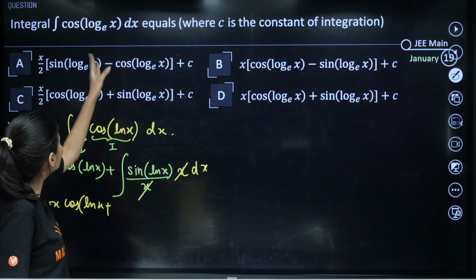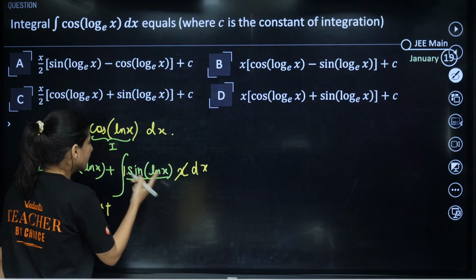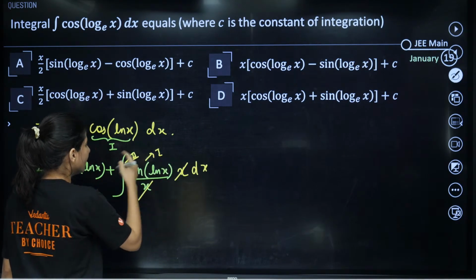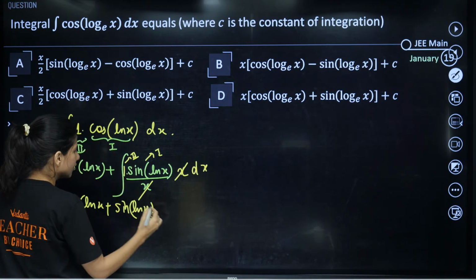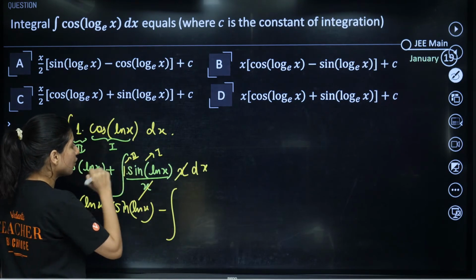Can you see, a similar type of question is this? Again, we have to apply by parts. So 1 multiplied by this. Obviously this is the first function and this will be the second function. First function constant, that means sine of log x is constant. Integration of second will be x minus integral of derivative of first.